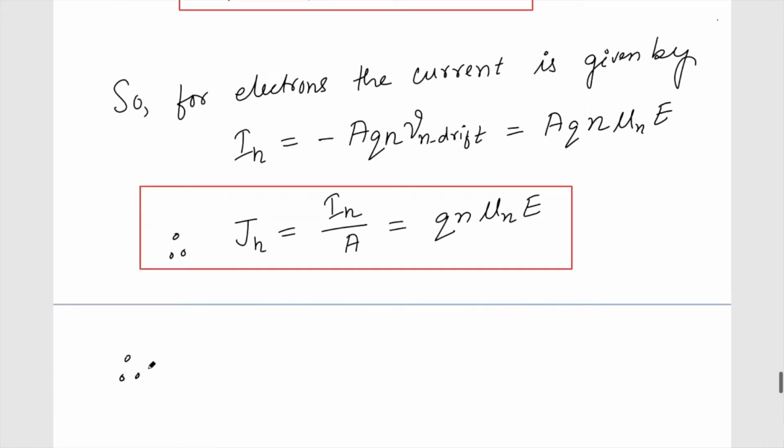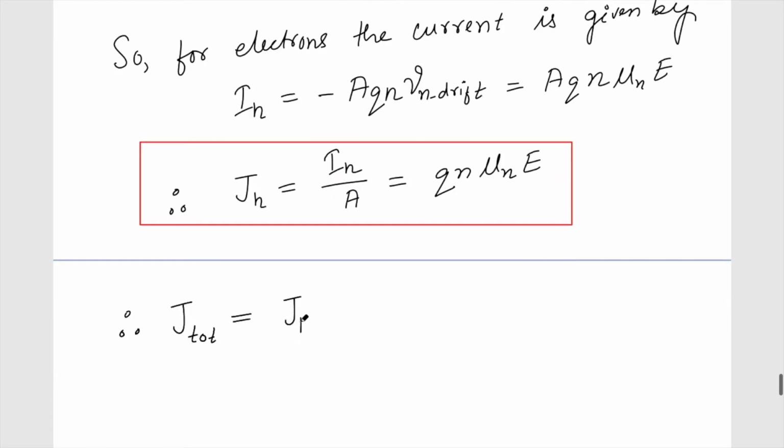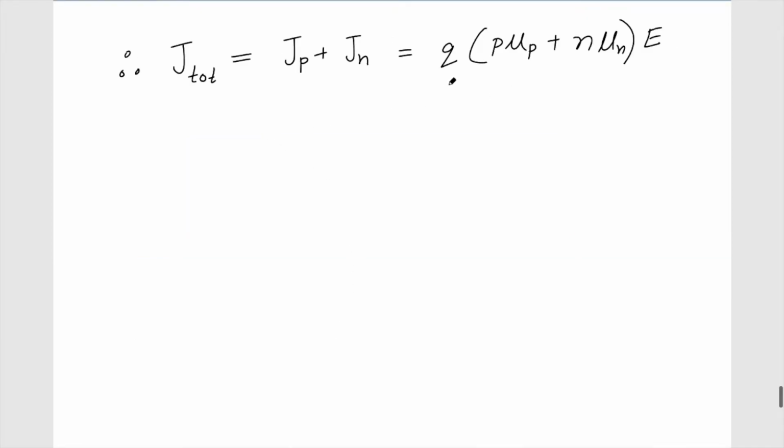So therefore, the total current or the total current density is given by, okay, so it is Q p mu p plus n mu n into E. So this whole term is expressed as the conductivity.